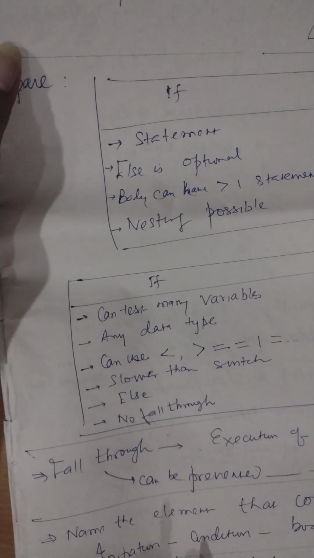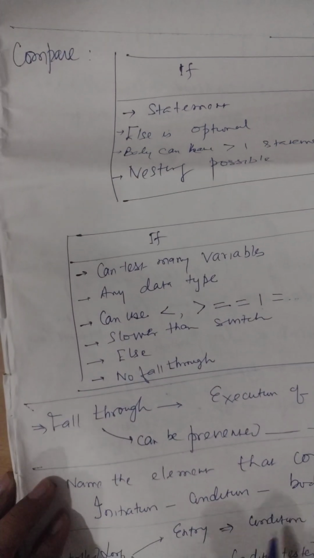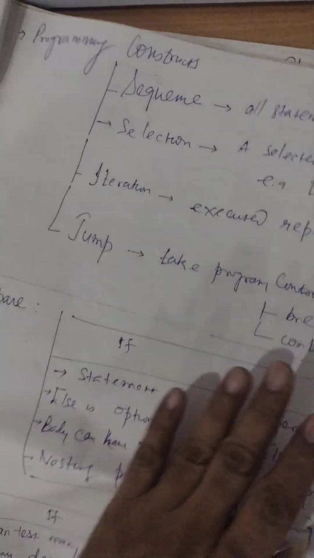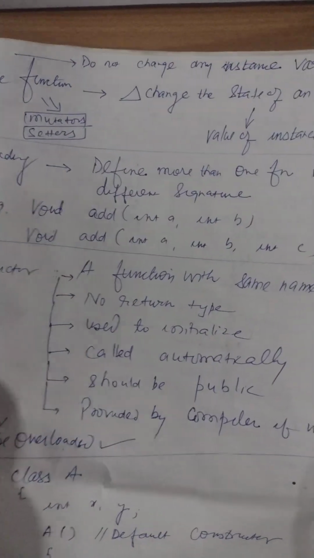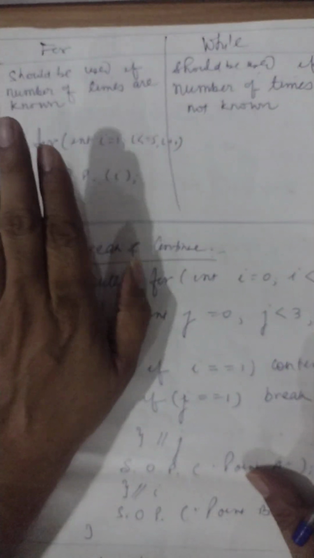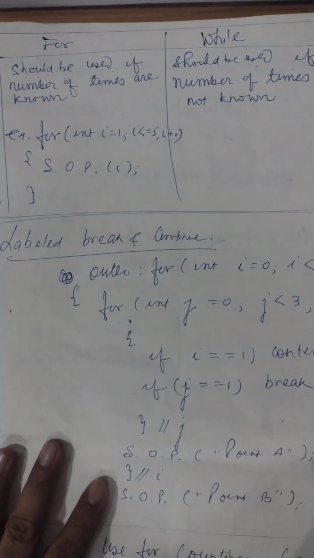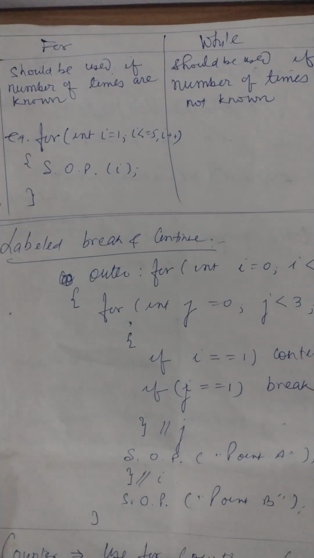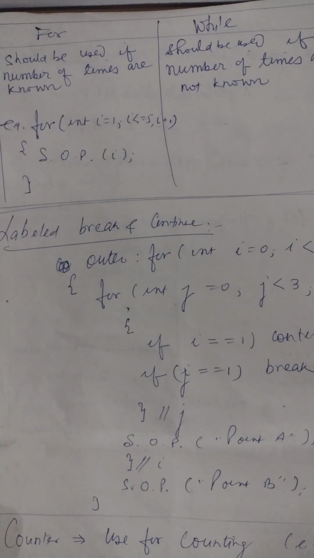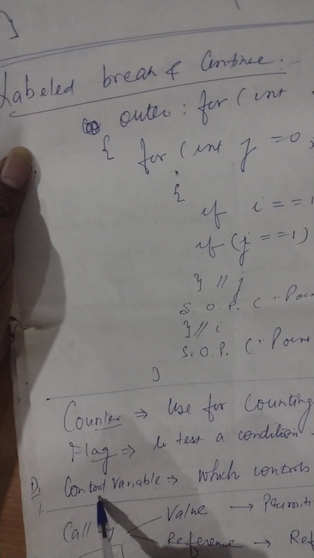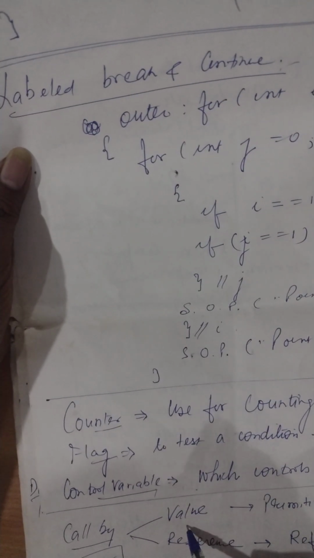And what is fall through, name of the element, control loop, all these things are covered as a part of this handwritten notes. Then the difference in for, while and do while, labeled break and continue. So this is the program. What is the counter, what is flag, control variable, call by value, call by reference, right?